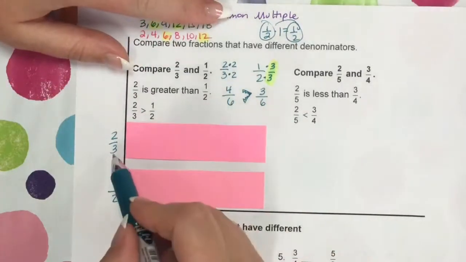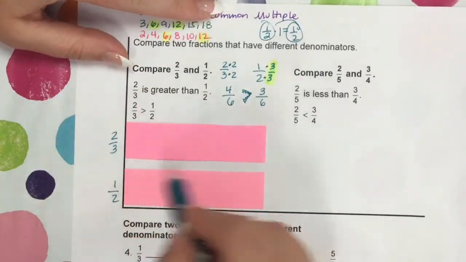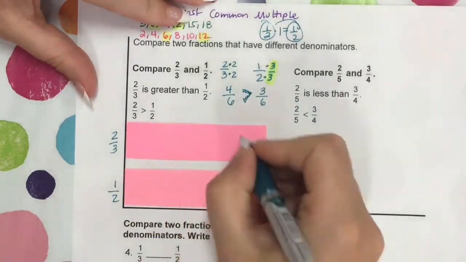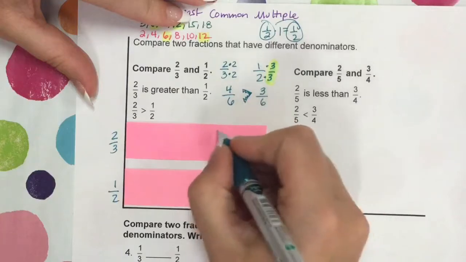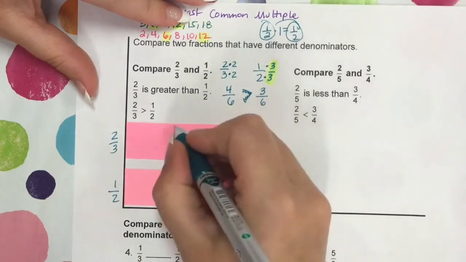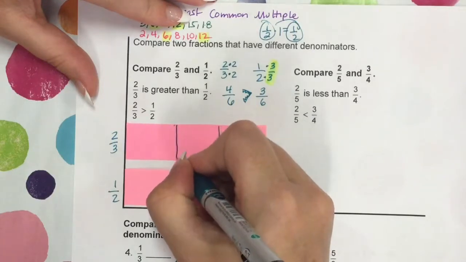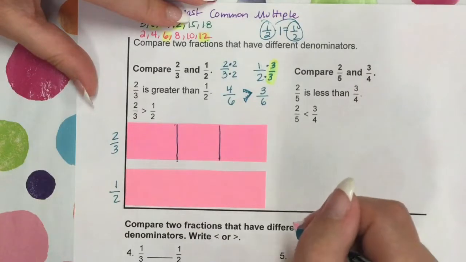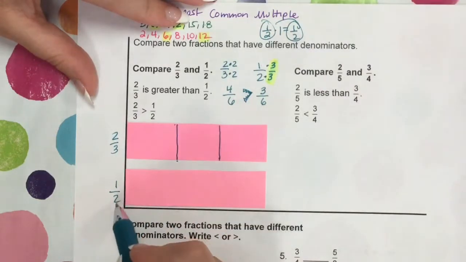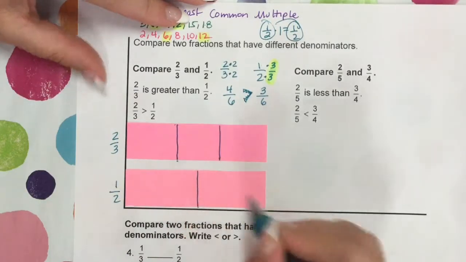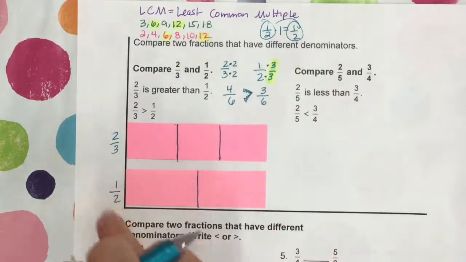So basically, this number on the bottom tells you how many things you need to divide this pink strip into. So I'm going to divide it into thirds. So roughly about here and here. Okay, that looks kind of about right. And then this one I'm going to put into halves. So I'm going to try to line it up directly down the half. Okay, so this is in thirds, this is in halves.